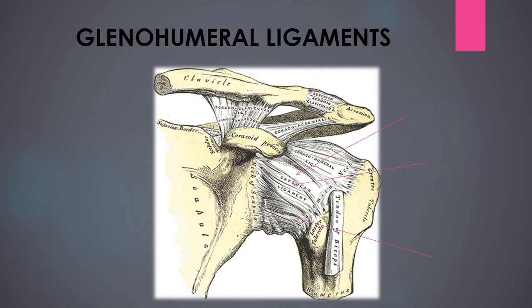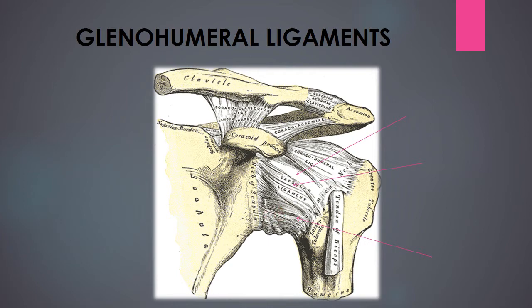So here's a diagram, and it shows each of these capsular thickenings. I'll bring out my pointer. So here's the glenohumeral joint. Here's the subacromial arch. And this is the synovial joint capsule. This is all fibrous connective tissue that's reinforced by local thickenings here with the superior glenohumeral ligament, the middle glenohumeral ligament, and then the inferior glenohumeral ligament, which wraps around and slightly posteriorly towards the back of the glenohumeral joint.